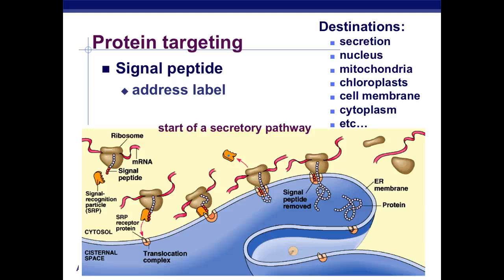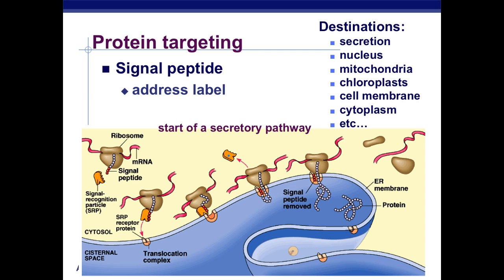So you have the ribosome translating the mRNA. The signal peptide gets an SRP, which is a signal recognition particle. That signal recognition particle protein then attaches to a translocation complex. Upon attaching to the translocation complex, the signal peptide attaches to the complex.